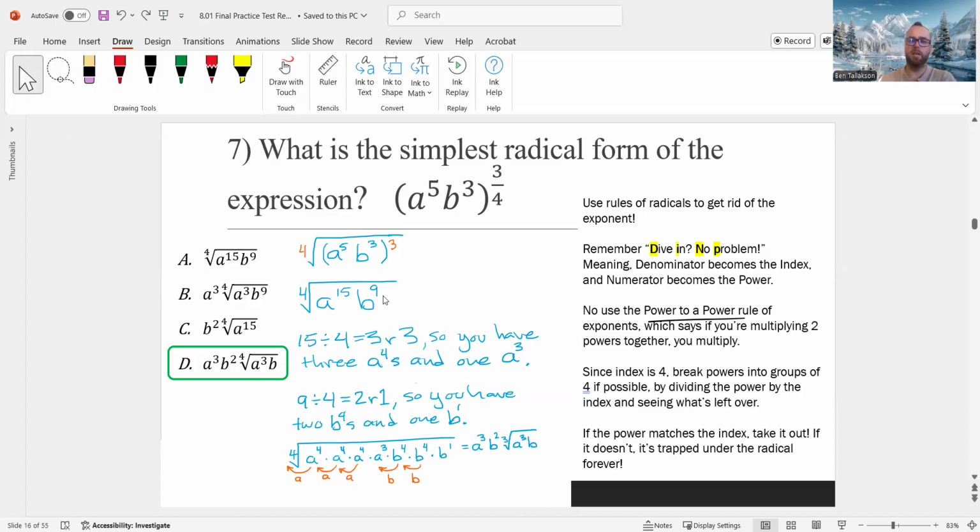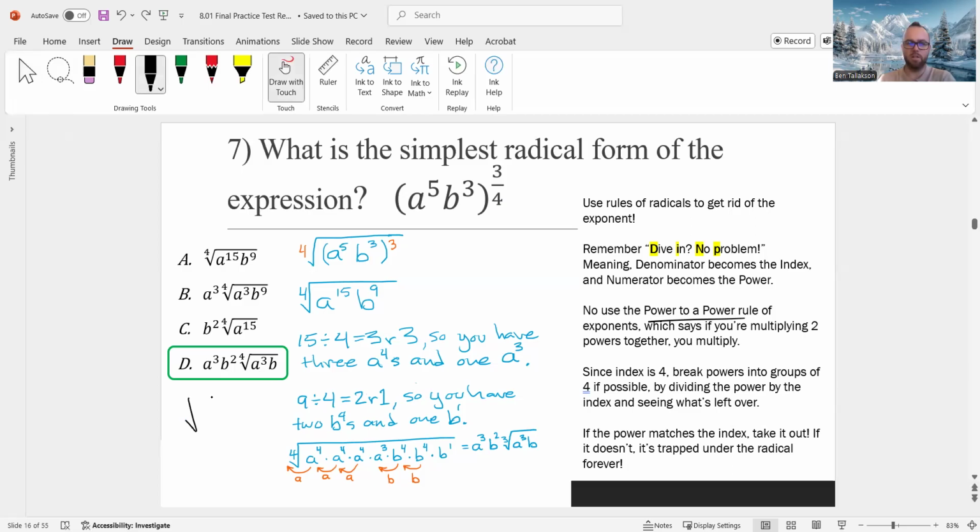Same thing with b to the ninth, because that exponent is bigger than the index. 9 divided by 4, 2 remainder 1. So 2b to the fourth and 1b to the first, because the remainder was 1. B to the first, we still see that right there. And remember, if the index matches the power, you only take 1 out.